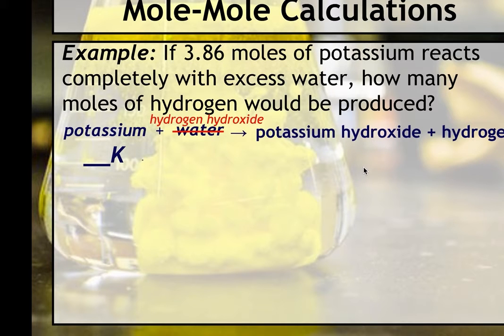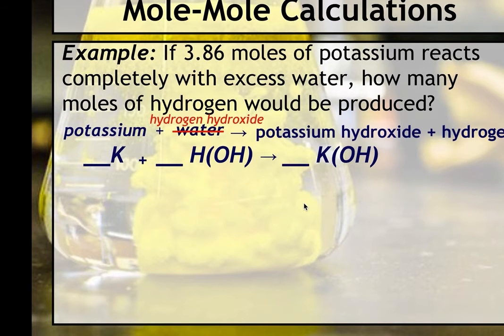There's our potassium. There's our water, H2O, or HOH. Potassium hydroxide. There's our hydroxide. Remember, you can always find any of these odd polyatomic ions on the back of your periodic table so you know what the formulas are.